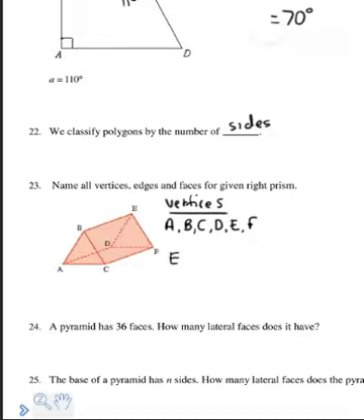Edges. We have AB, BC, AC. We have BE, EF, CF, and BC.